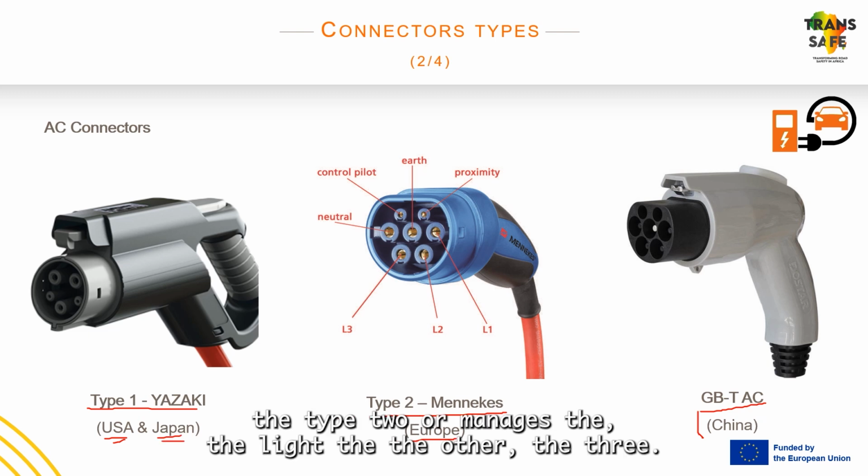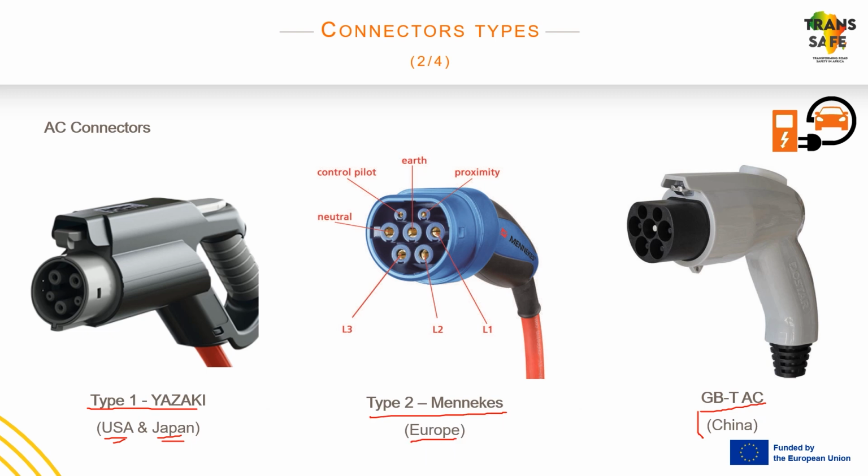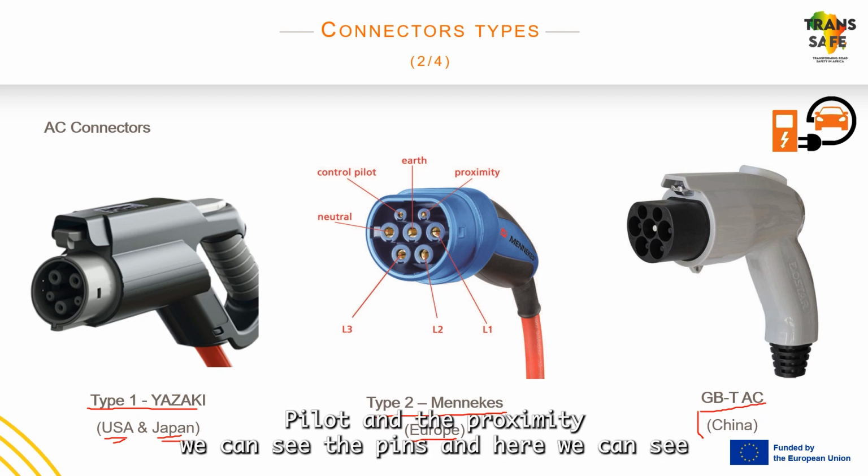The Type 2 or Mennekes supports three phases and up to 22 kilowatts. The other pins we are going to find are the same: lines 1, 2 and 3, and the control pilot and the proximity.